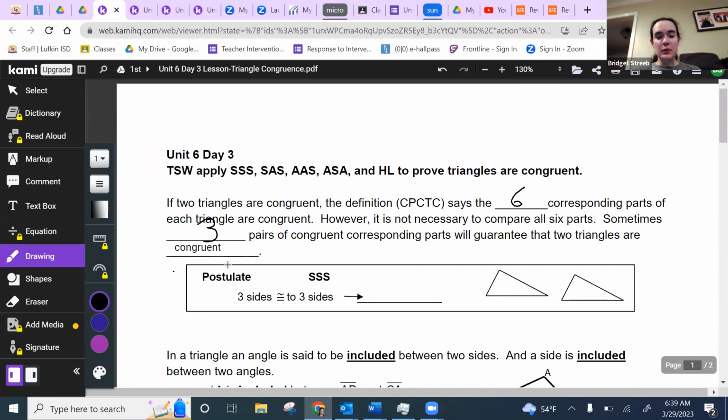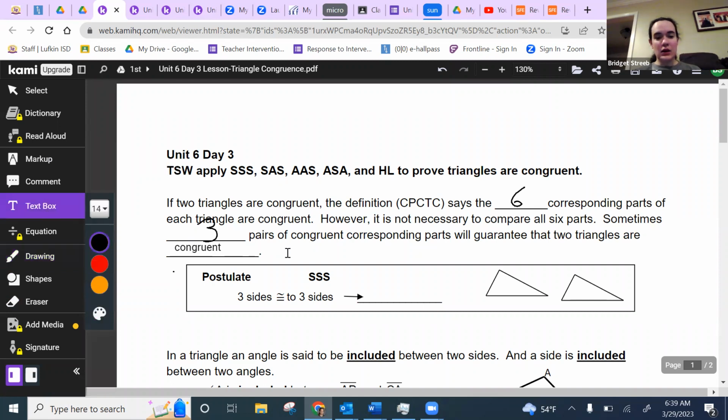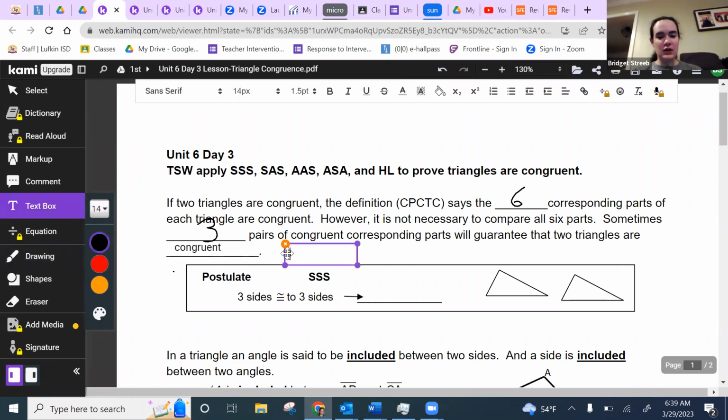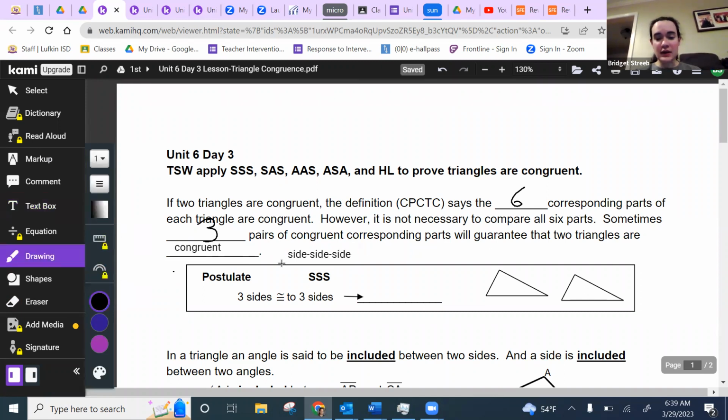So the first one we have is side, side, side, which proves that you have 2 triangles that are congruent. This means that you have something that looks like this: 3 sets of sides that have tick marks on them.